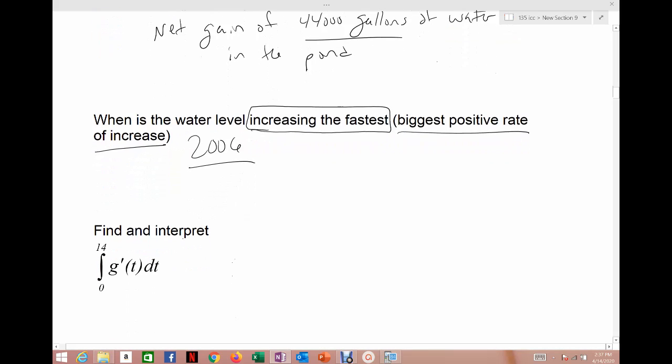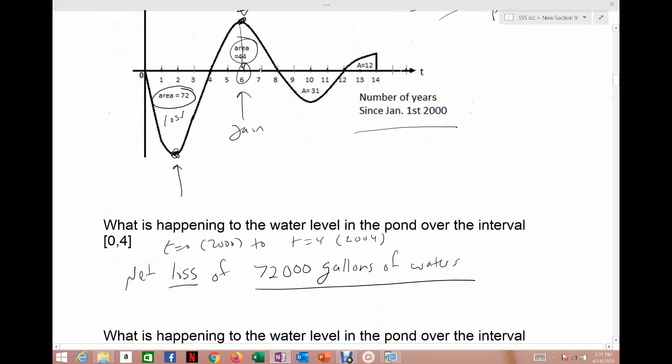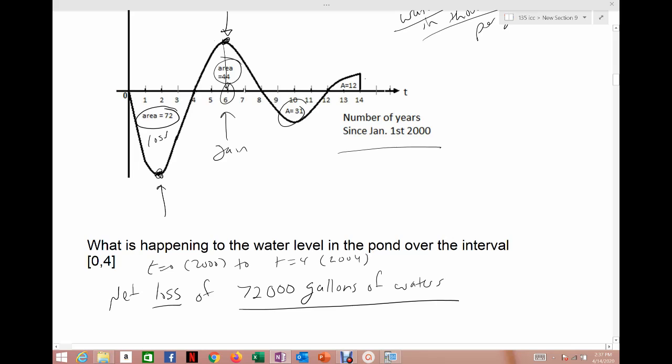All right, the last question. Find and interpret the integration of this function between 0 and 14. And so that's the graph that we're given. All right, 0 to 14 was over the entire time. And so remember, I'm going to basically be adding and subtracting my area. So area above is going to be positive. Area below is going to be negative. So the positive areas are 44 and 12.